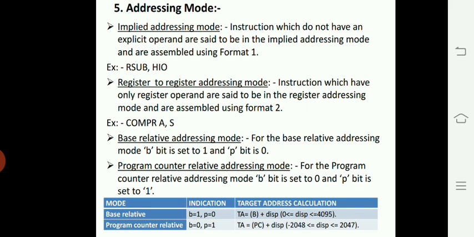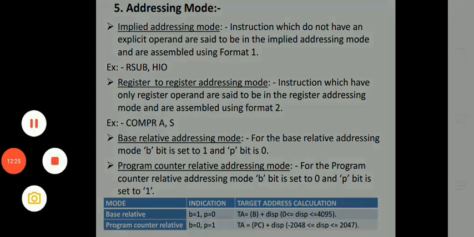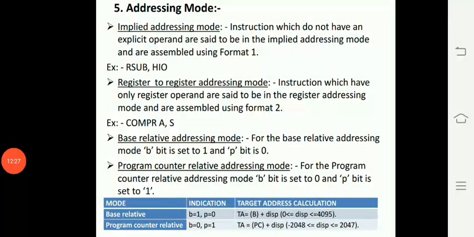If the instruction contains operands only in registers, then such an addressing mode is called register to register addressing mode, and it is represented using the format 2 instruction type. The example is compare A, S. Here A and S are both registers. A is the accumulator register and S is a general working register. Both operands are register contents, so this is an example of register to register addressing mode.